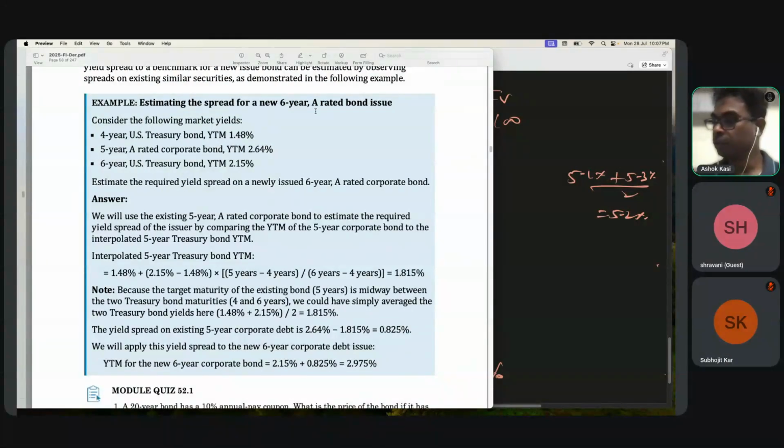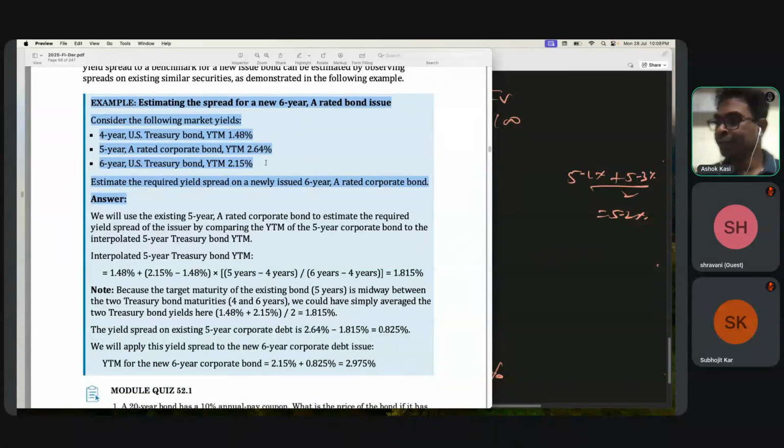Estimating the spread for a new 6-year A-rated bond issue. Just go through this question. Okay, so now the 4-year yield is given.